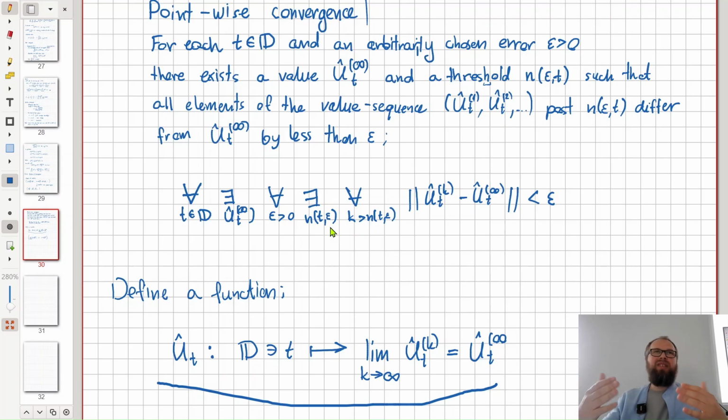We always wrote that this n depends on epsilon, but it's also already written here explicitly because we are taking our sequence of functions and we convert them into a sequence of valued sequences, right? Which are more or less independent of each other. So for every t, we are creating a new convergence problem with some valued sequence.